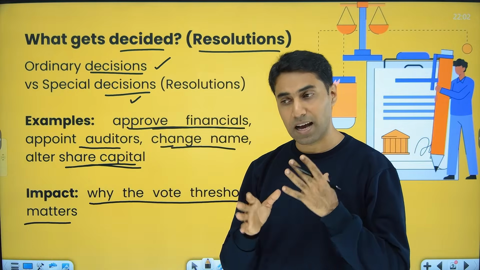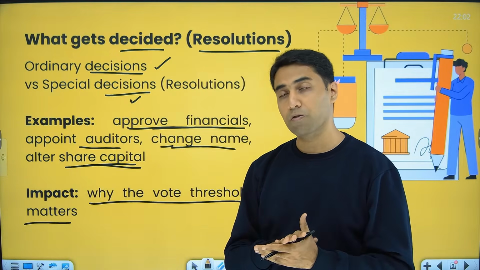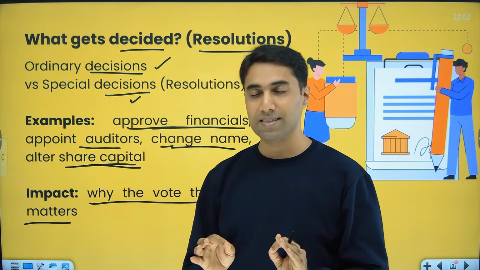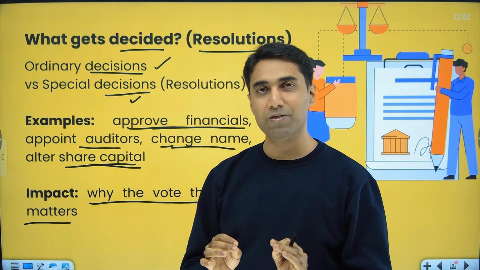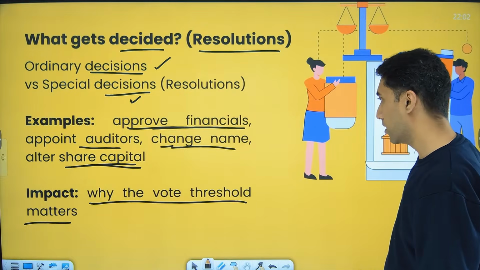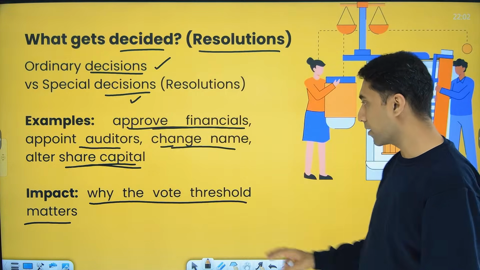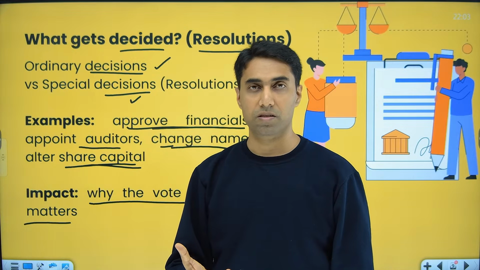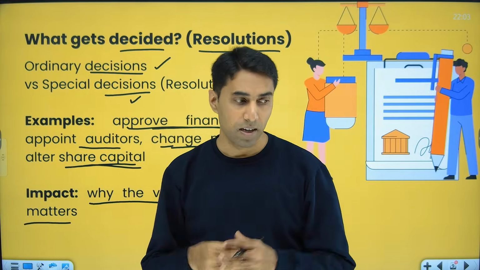So the Companies Act 2013 along with the rules itself tells you what is an ordinary resolution and what is a special resolution. Clear? So why is it important to have the threshold? Because some important decisions everybody has to take together.